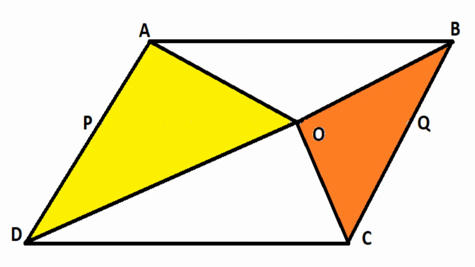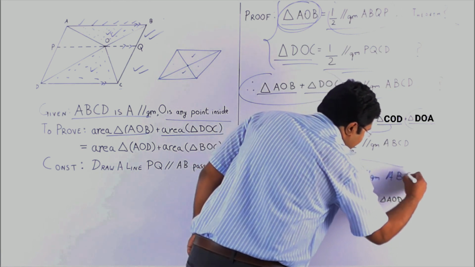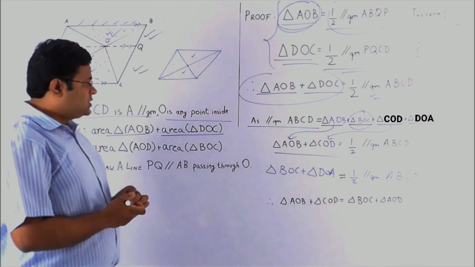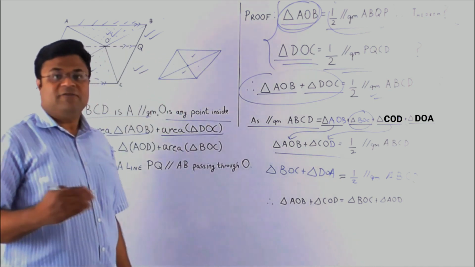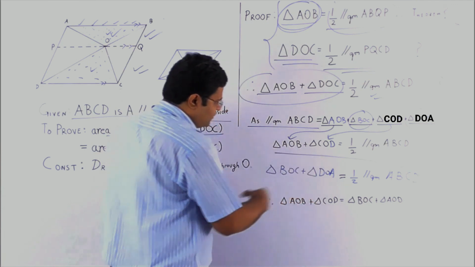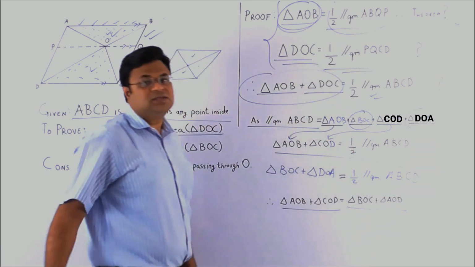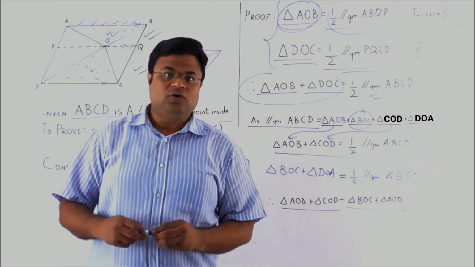So this simply means that the two leftover triangles, triangle BOC plus triangle DOA, must also be half of parallelogram ABCD. Since this is half and this is half, triangle AOB plus COD is equal to triangle BOC plus AOD. I am sure you must have followed this.